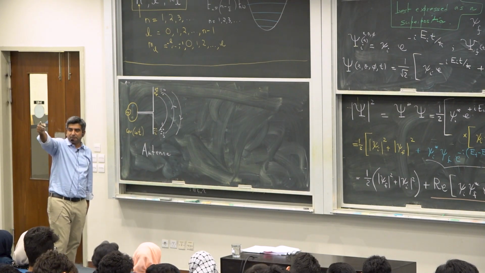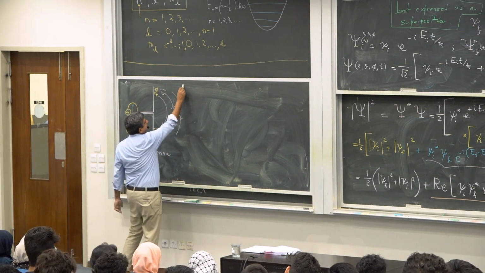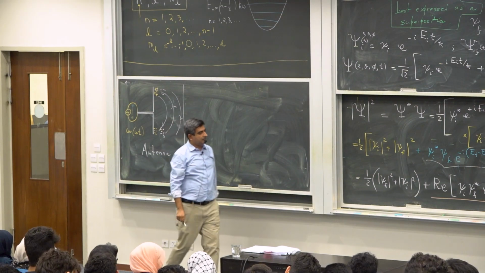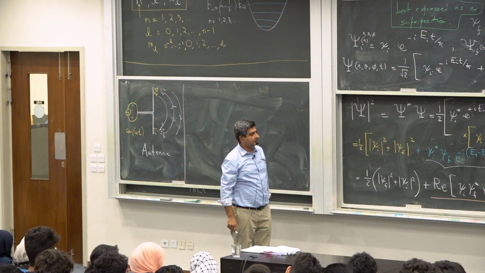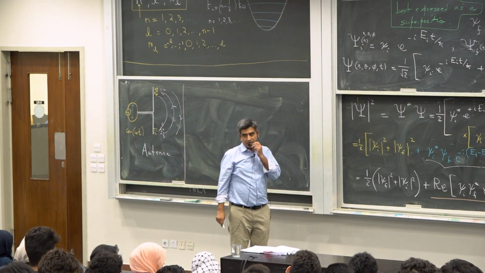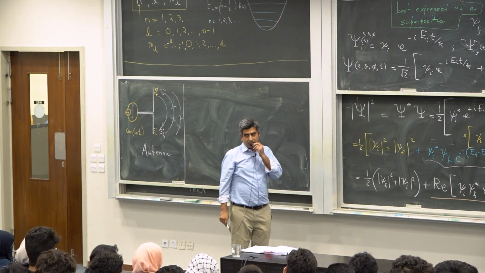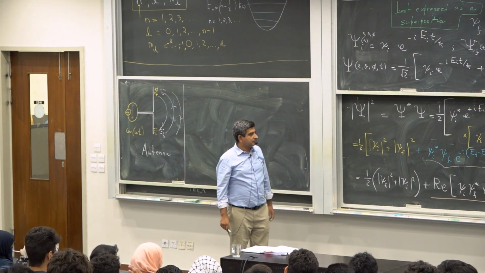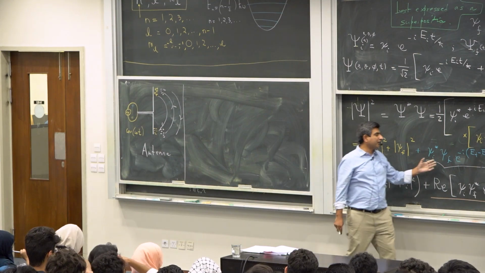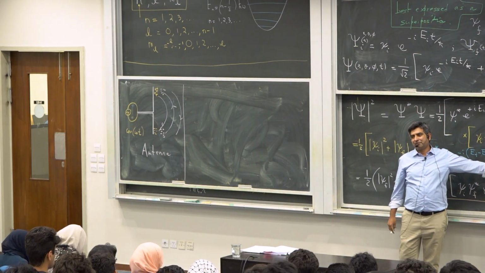Yes, please. Sir, going to the middle word, you only write the real part of psi i and psi f star. So why don't we count the psi i star and psi f expressions? So you can take either the real part of this or this. It is the same.